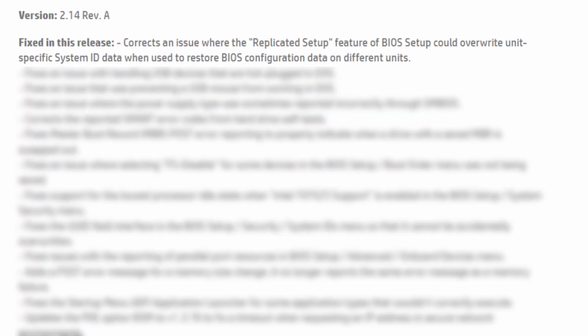The 2.14 BIOS version fixes these issues. Corrects an issue where the replicated setup feature of BIOS setup could overwrite unit-specific system ID data when used to restore BIOS configuration data on different units. Fixes an issue with handling USB devices that are hot plugged in DOS.